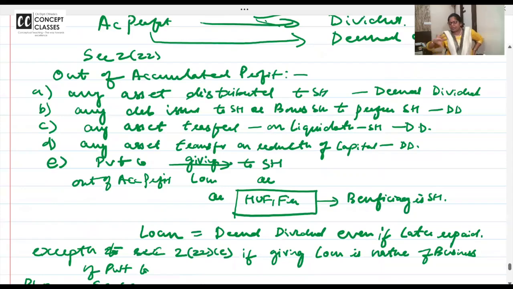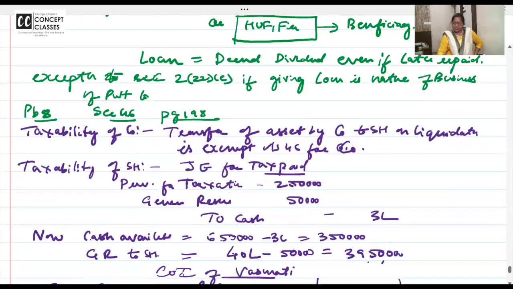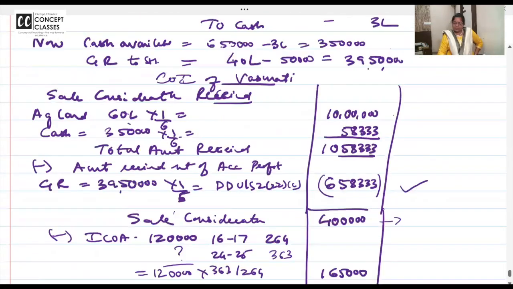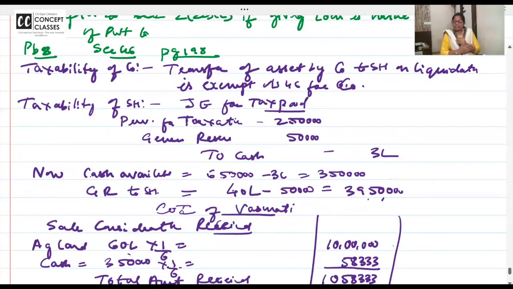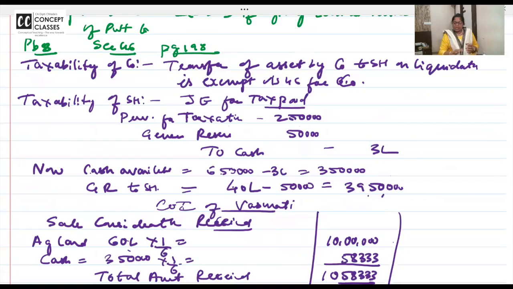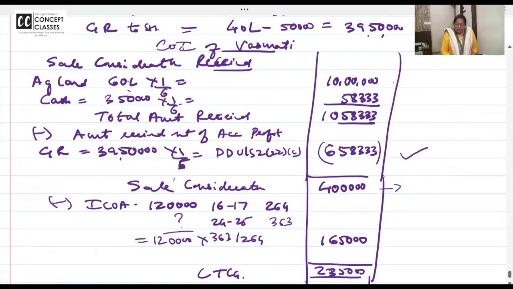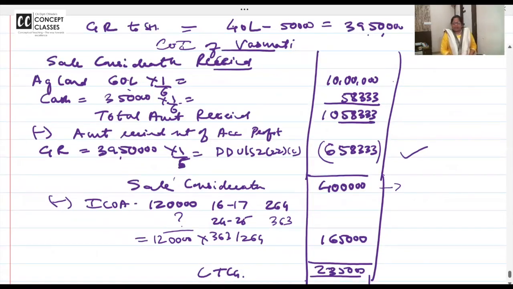Out of accumulated profit, whenever a company distributes money in cash or kind to shareholders, it's a deemed dividend. Here the company is going into liquidation. Nothing is taxable in the hands of the company because a company transferring assets to shareholders on liquidation is exempt. Now, the company is giving 1/6 of the 60 lakhs market value of agricultural land and cash.